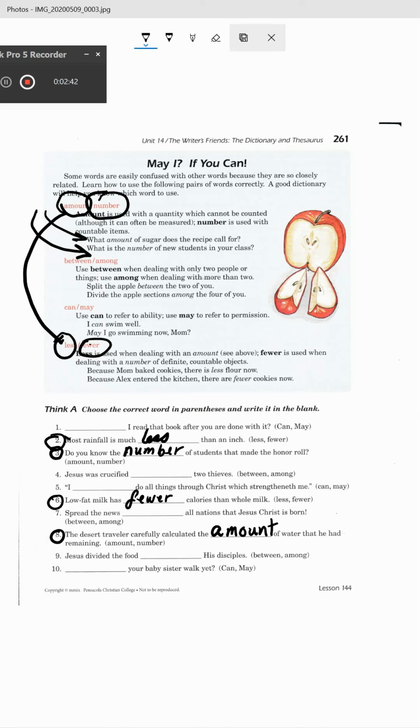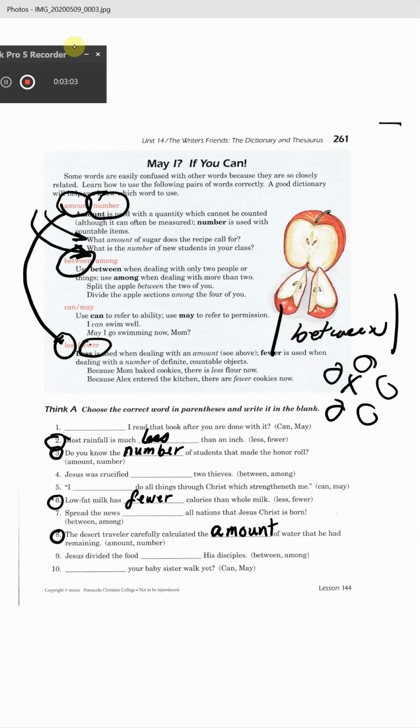All right. For between and among, between is when you're comparing between two things. So think of between as between two things, all right? Whereas among is an X among all the circles, all right? So more than 2.